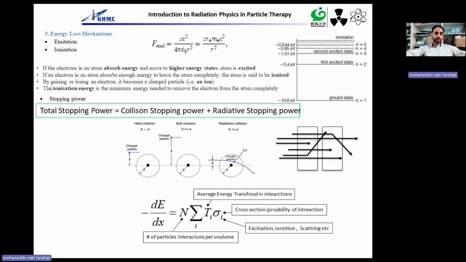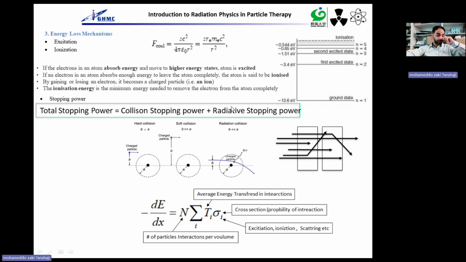Now the stopping power is equal to the collision stopping power plus the radiative stopping power. In our collision stopping power, we have the hard collisions and the soft collisions, and then we have the radiation collision. So the total stopping power has to be the hard collisions plus the soft collisions, that's the collision stopping power, plus the radiative stopping power.